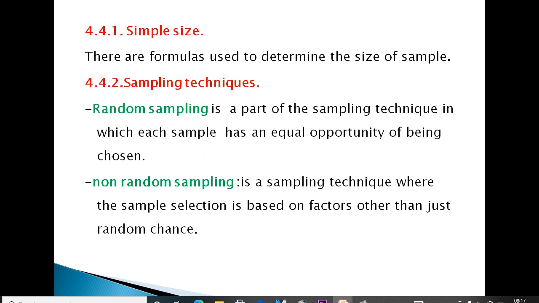This random sampling is a part of the sampling techniques in which each sample has an equal probability of being chosen. There is also non-random sampling, a sampling technique where the sample selection is based on factors other than just random chance.